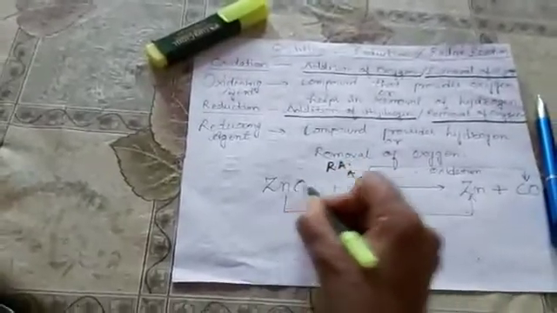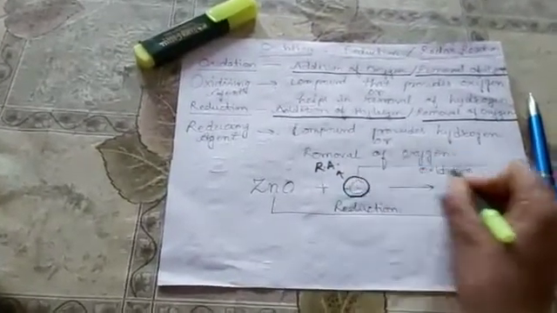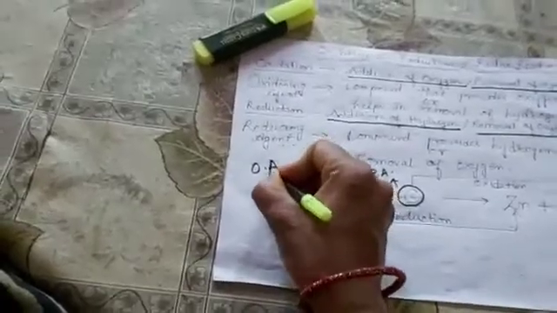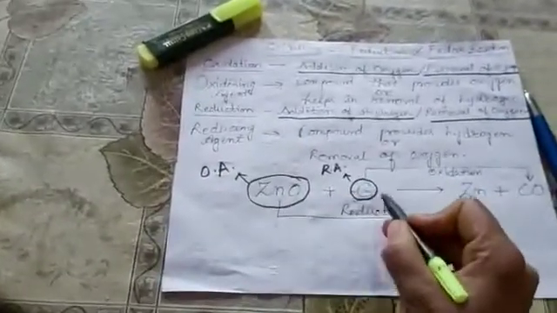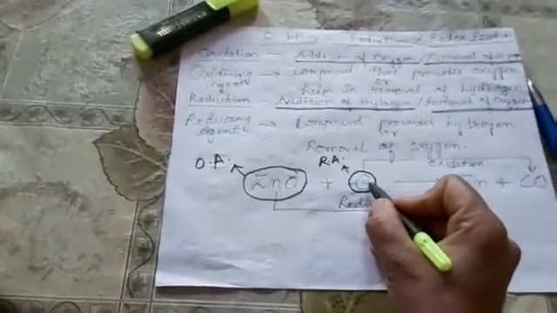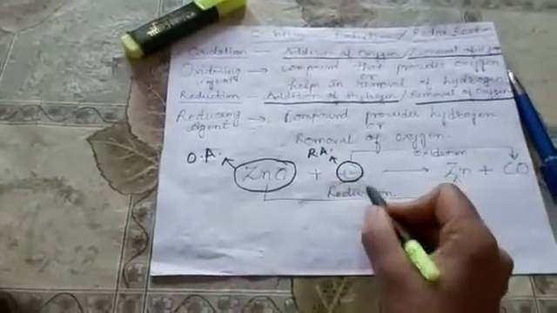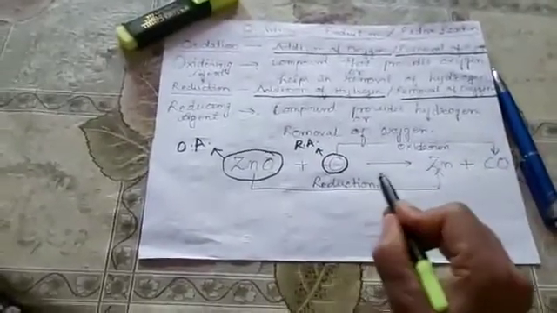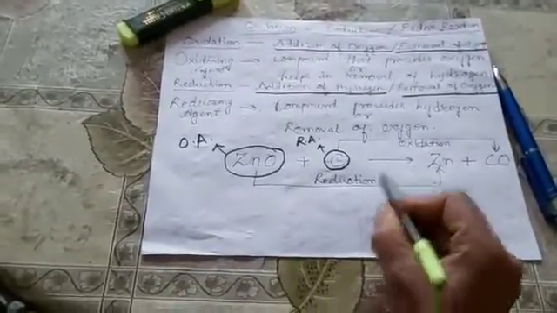Similarly, at carbon, oxidation is going on, so zinc oxide behaves like an oxidizing agent because it allows the addition of oxygen to carbon.